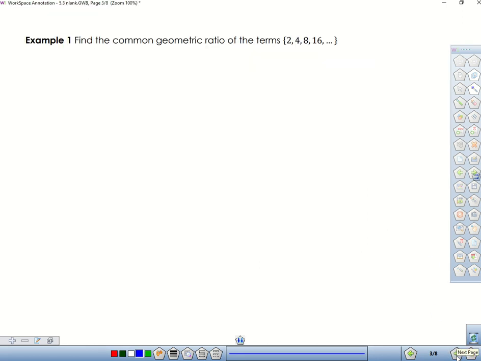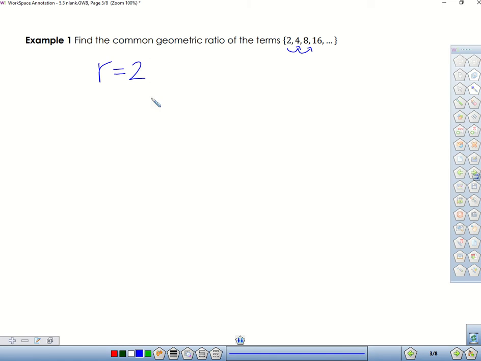So the first question says to find the common geometric ratio of the terms 2, 4, 8, and 16. What do you notice as we go from 2 to 4? Good, and then you can confirm that because we also multiplied by 2 to get from 4 to 8. You can see that pattern, and that would mean that your r value is equal to 2.